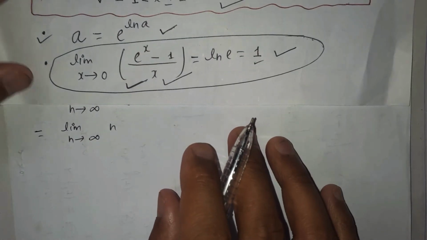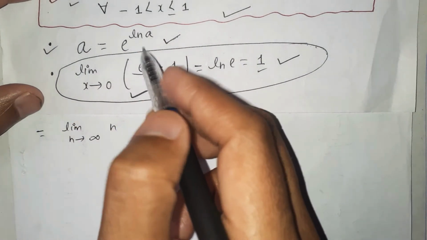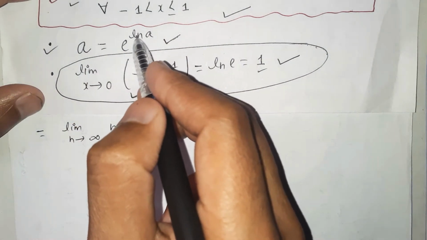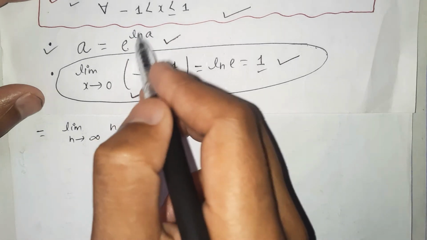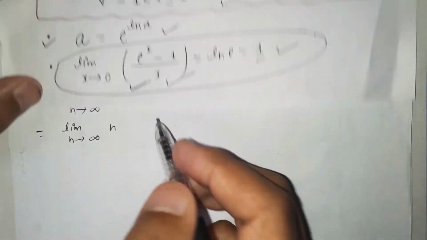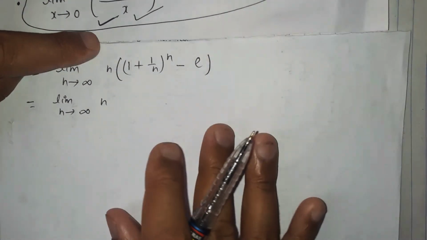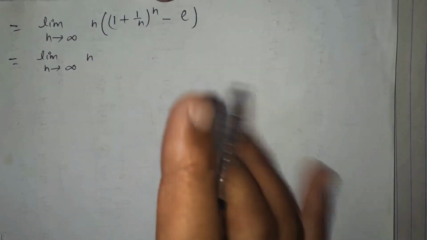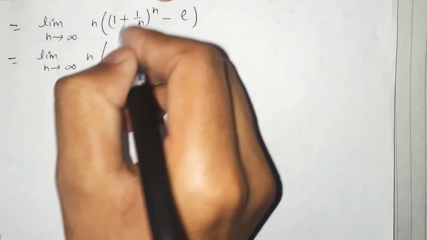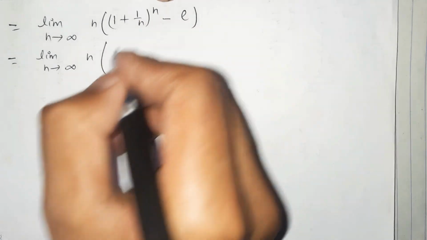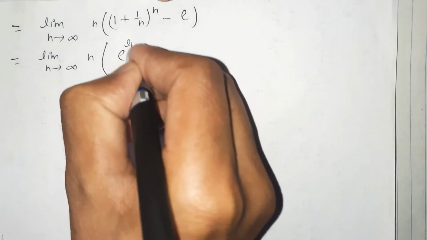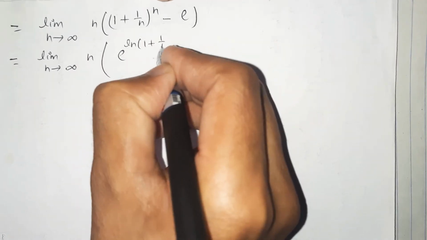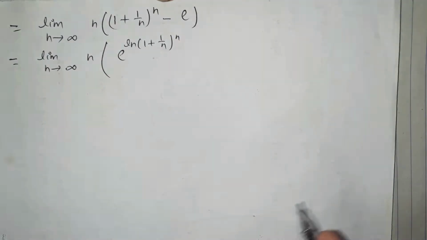We already studied a very important property of the logarithm. Let me show this formula: the number a can be written as e raised to the power of ln of a. Let's make this form in that same format. The number (1 plus 1 over n) raised to the power of n can be written as e raised to the power of ln of (1 plus 1 over n) raised to the power of n.